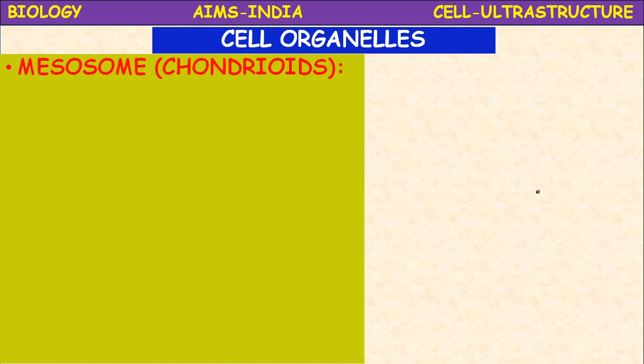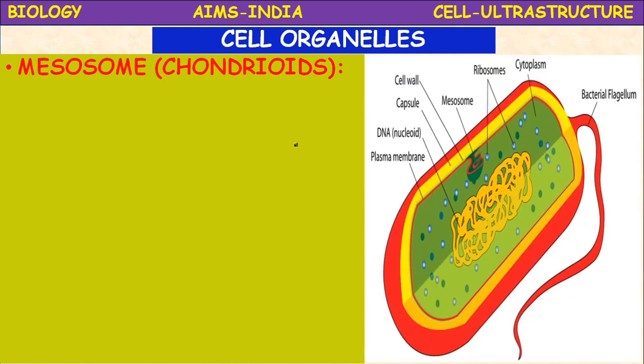Let us proceed to the next important structure, mesosomes. What is a mesosome? It is also called chondrioids. The mesosome is not present in the higher organisms or eukaryotic cells. It is present in the prokaryotic cells, meaning the primitive cells.